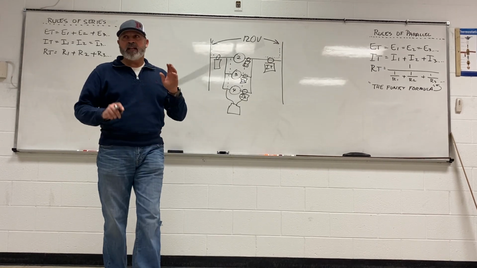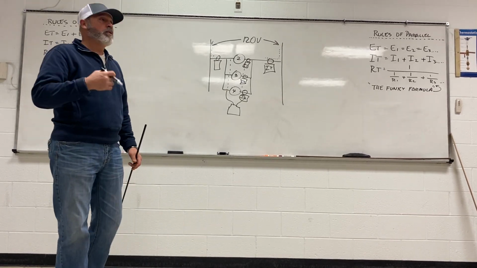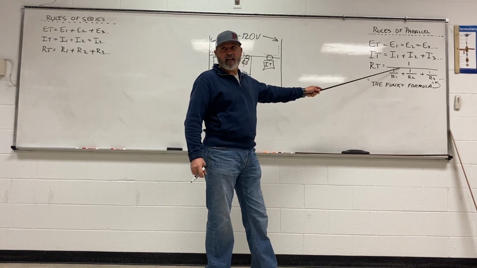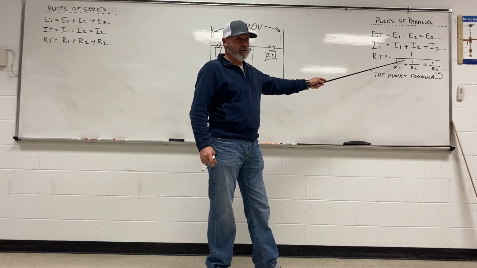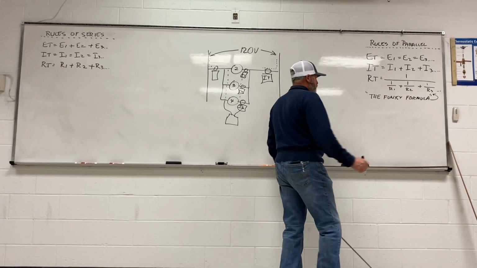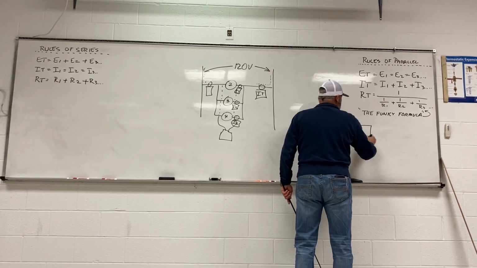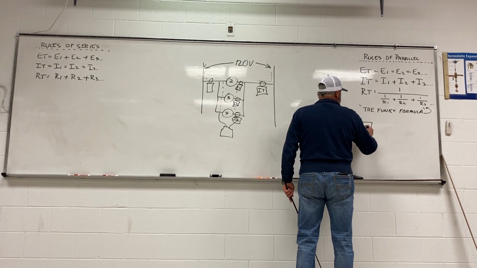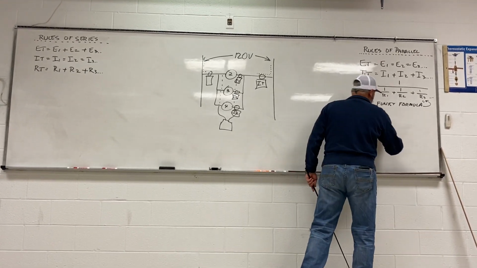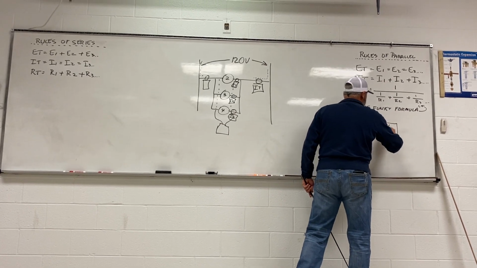Now, I will individually in lab talk to you about how to use your scientific calculator to do this. To perform this task, you're going to have to find your button that says x minus 1 or 1 over x.